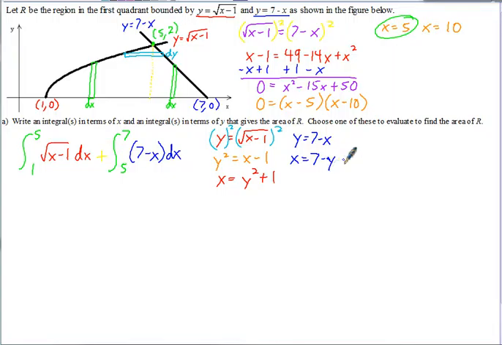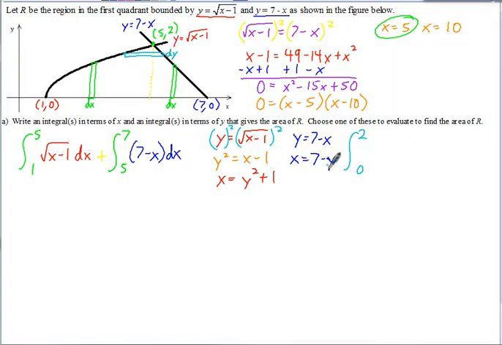So to set up the integral using a horizontal rectangle with dy, it'd be the integral from, now we're looking at the y coordinates, where the region starts and stops. So you go from bottom to top here. You can see the region starts at a y coordinate of 0, right there and there, and the region stops at a y coordinate of 2. So the integral from 0 to 2. And the way you decide which one goes first is the one further to the right, because that has the bigger x coordinate.